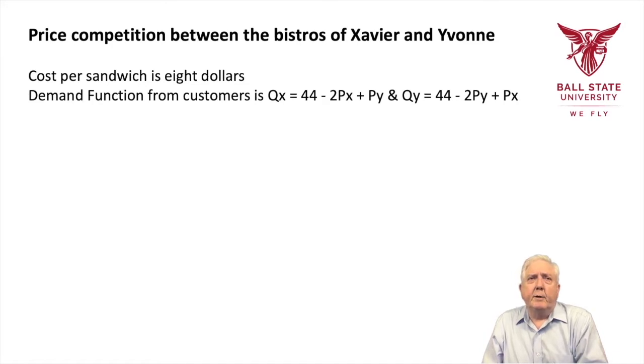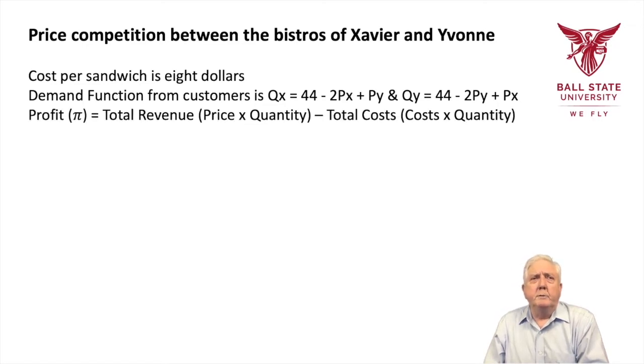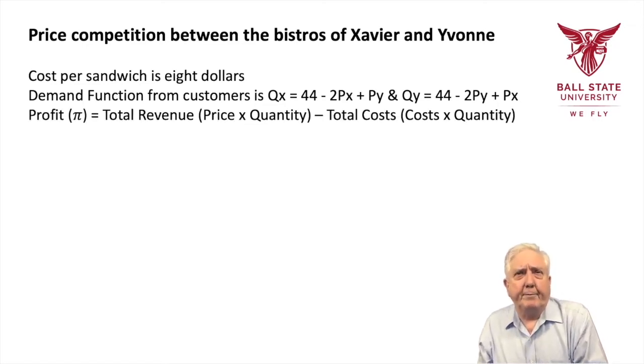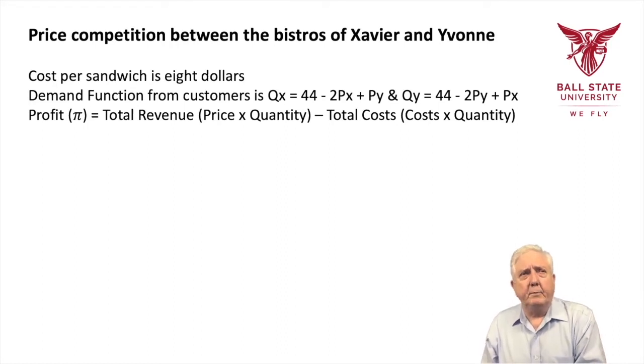In this case, the quantity demanded for Xavier's sandwiches is equal to 44 minus 2 times his price plus the price of Yvonne. And of course, hers is the same thing. So what we want to do is construct a profit function. Now, profit, which is typically symbolized in economics by a pi sign, is equal to, very simply, total revenue minus total costs.